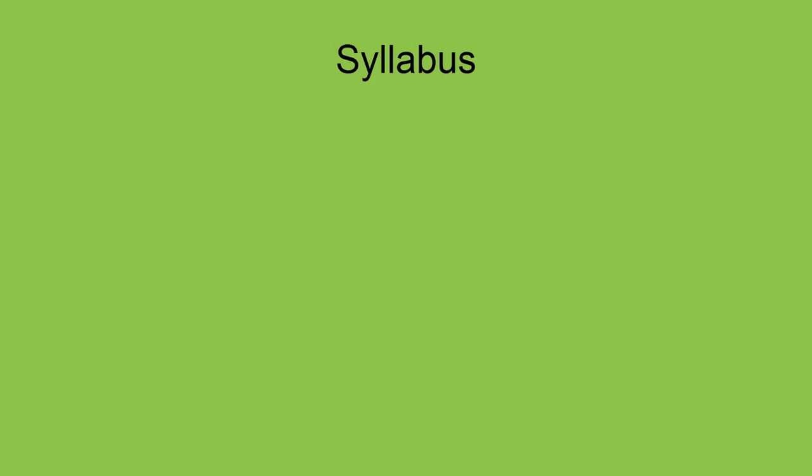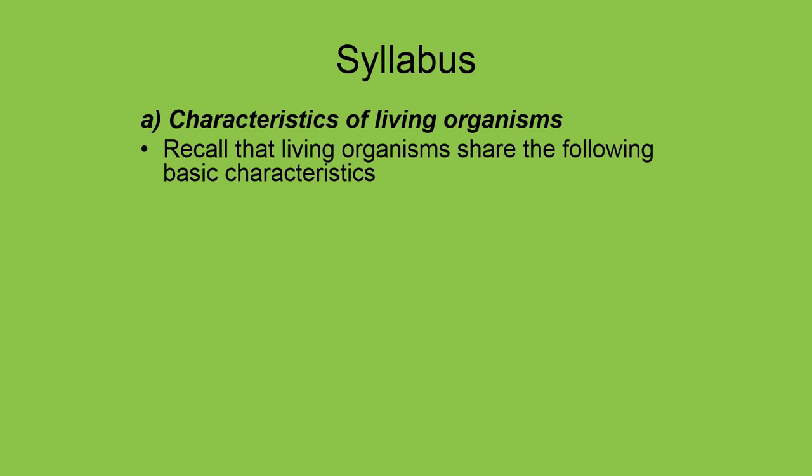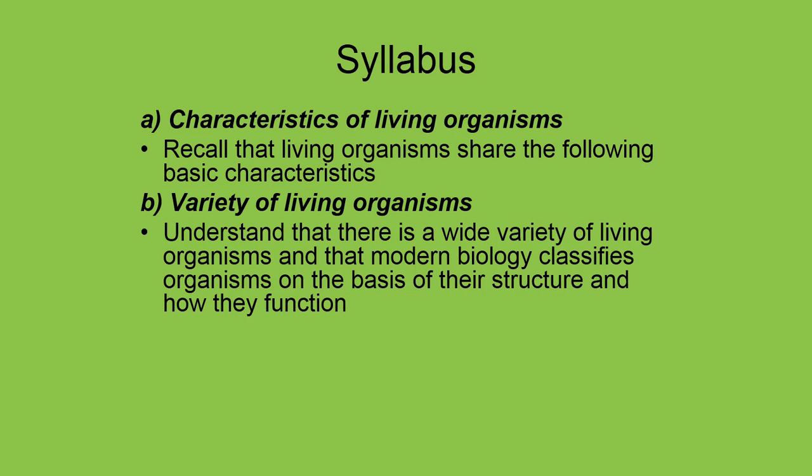Our syllabus outline is characteristics of living organisms, where we will recall that living organisms share the following basic characteristics. Furthermore, we will study the variety of living organisms, where we will understand that there is a wide variety of living organisms and that modern biology classifies organisms on the basis of their structure and how they function.